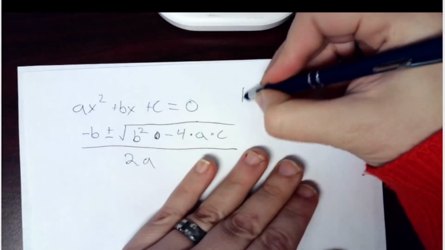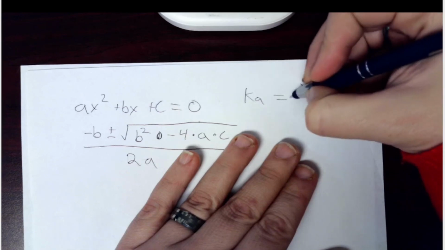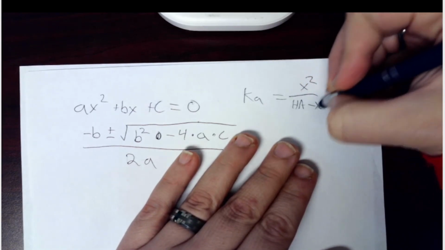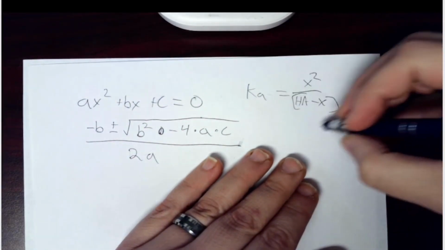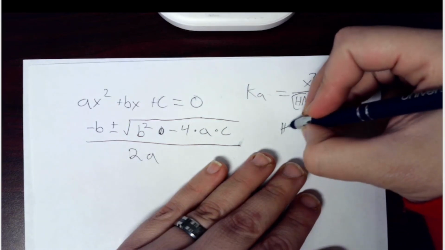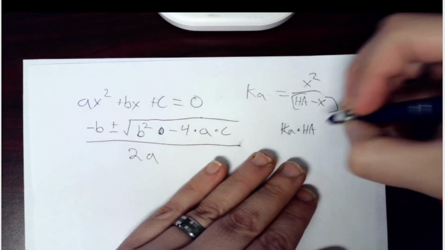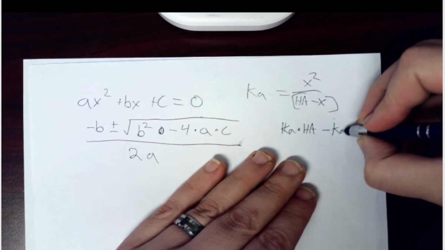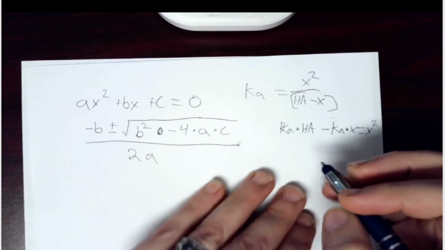Well, setting up the equation, Ka equals x squared over HA minus x. What you end up having to do is multiply HA minus x to the other side, and you'll get Ka times HA minus Ka times x, and that's equal to x squared.